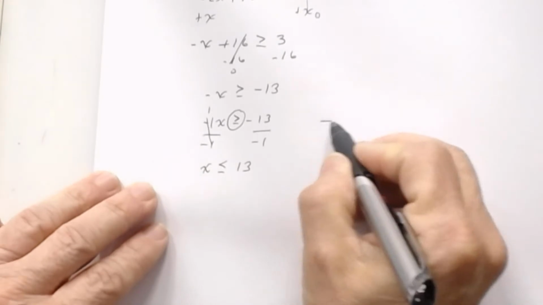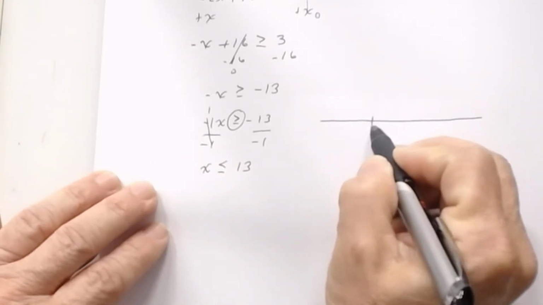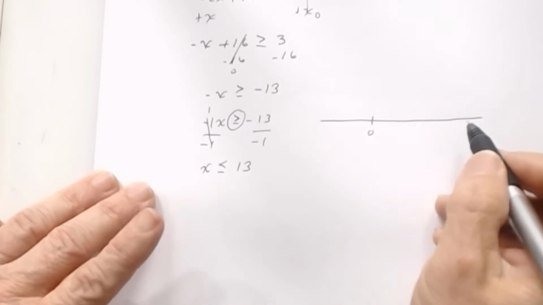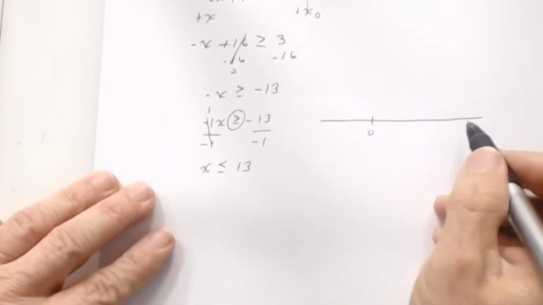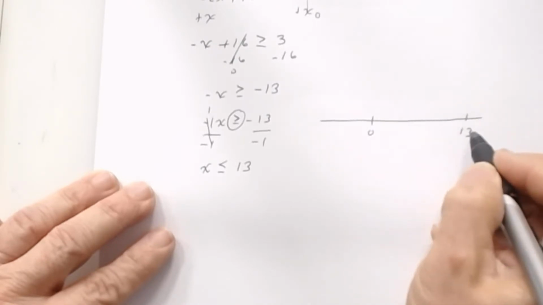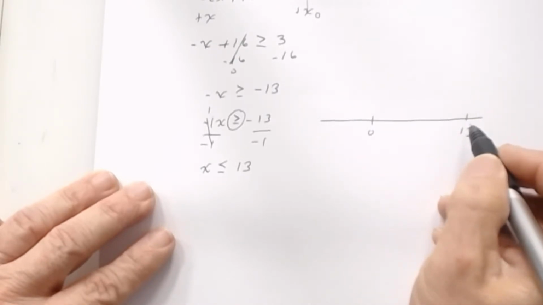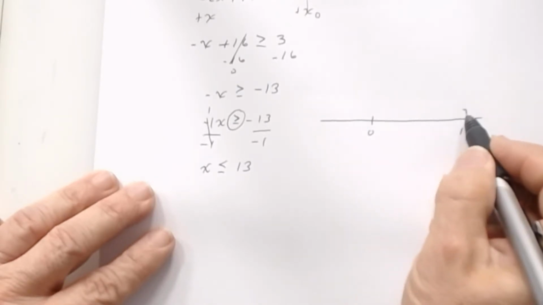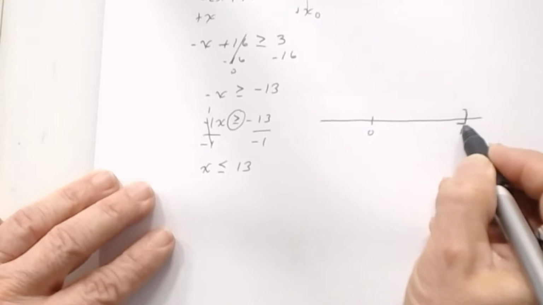All right, now on the number line, if this is 0, I would have to put a bracket or parentheses. Bracket. Bracket on what number? 13. So if I say this is 13, will the bracket be pointing to the right or the left? To the left. Make sure it looks like a bracket, okay?